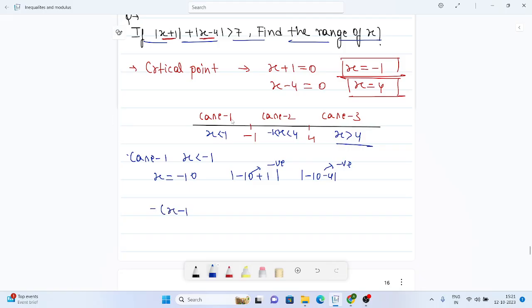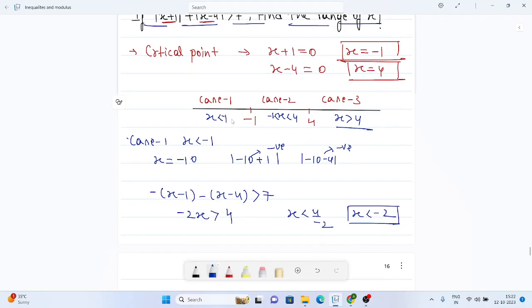I write it as minus of (x plus 1) minus of (x minus 4) is greater than 7. When you solve this, you get minus 2x greater than 4, and dividing by a negative constant, the solution is x less than minus 2.